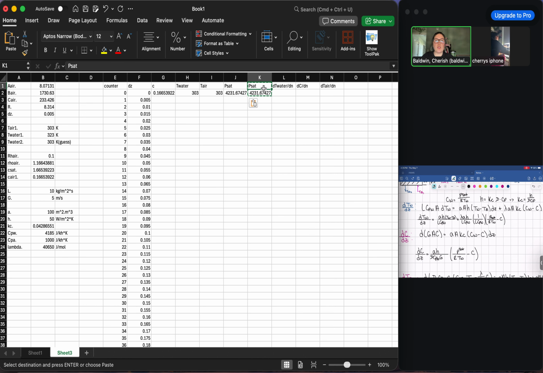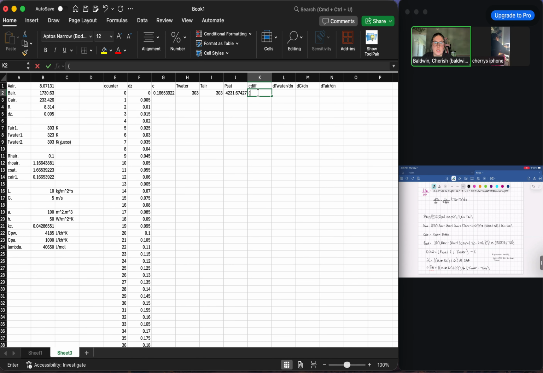I forgot to calculate our concentration difference. And the concentration difference, so yeah, our concentration difference is pressure saturated divided by our gas constant divided by our temperature of the water, minus our concentration.